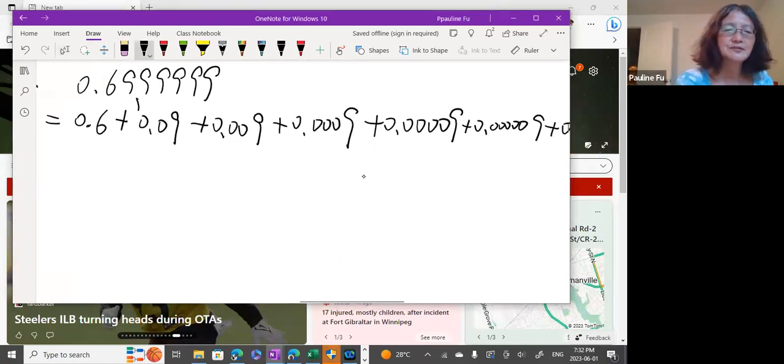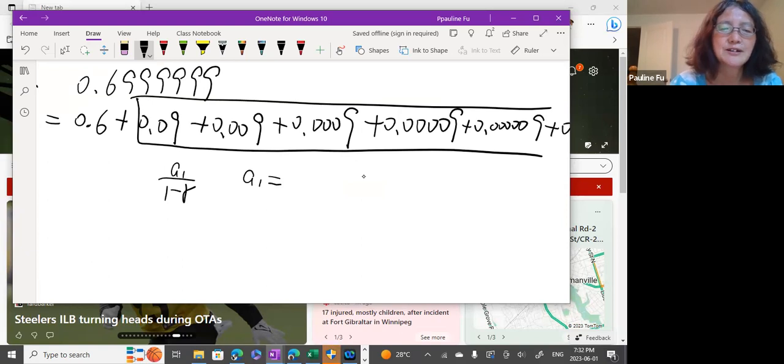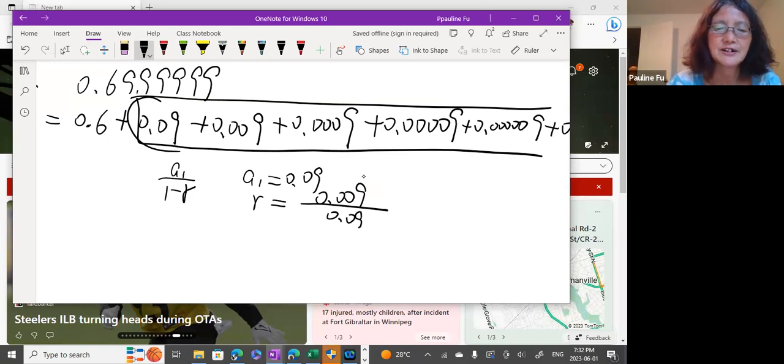And then what do you see for this part? This is an infinite geometric series. So for this part we can use A1 over 1 minus r, with A1 being 0.09. r is the ratio between the second item and the first item in the sequence we are talking about here.